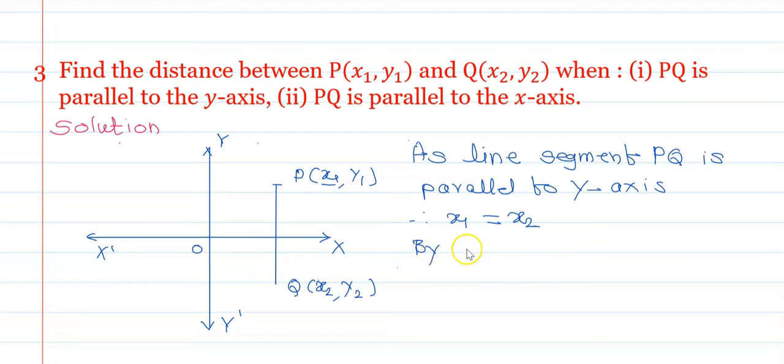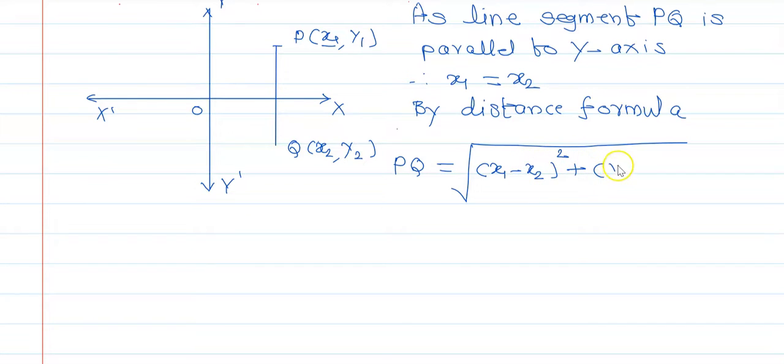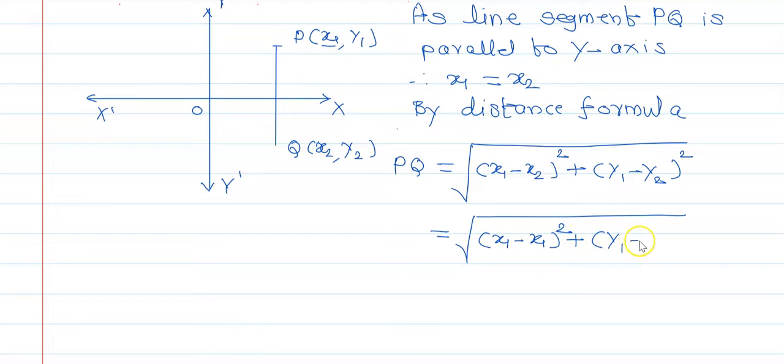Therefore, by the distance formula, PQ is equal to the root of (x1 minus x2) whole square plus (y1 minus y2) whole square, and here both are the same, therefore (x1 minus x1) whole square plus (y1 minus y2) whole square.